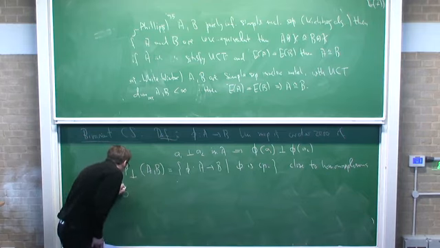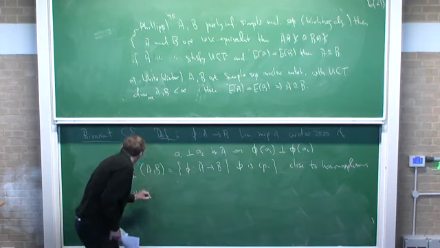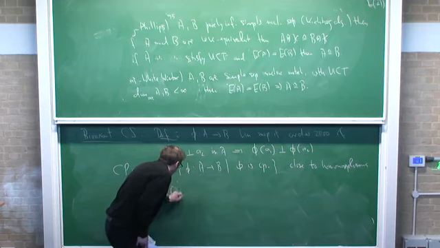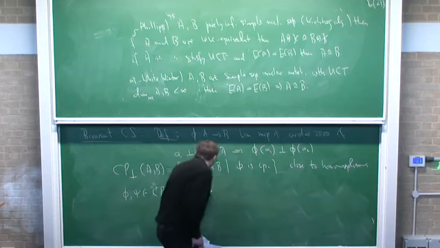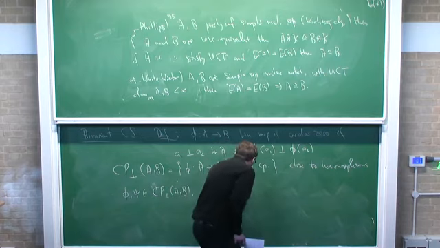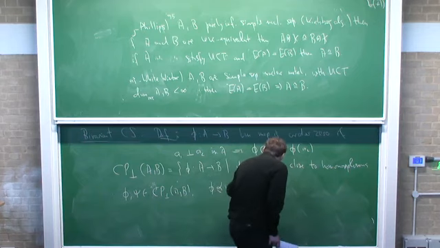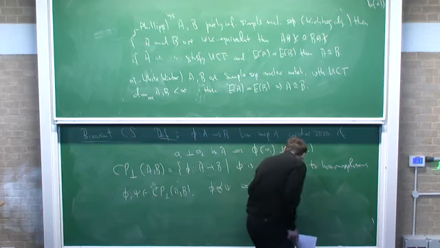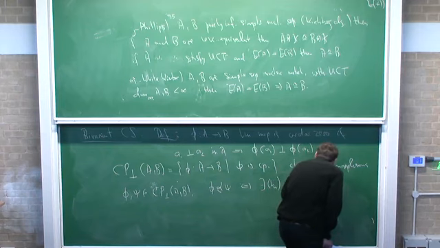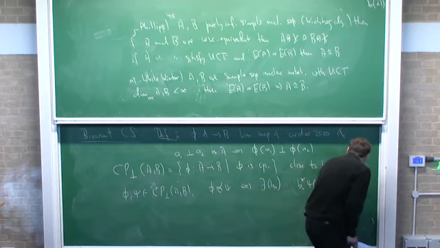Given phi and psi in CP perp (A, B), we can say that phi is conjugate to psi if and only if there exists a sequence B_n such that B_n star psi(A) B_n tends to phi(A), for all A.